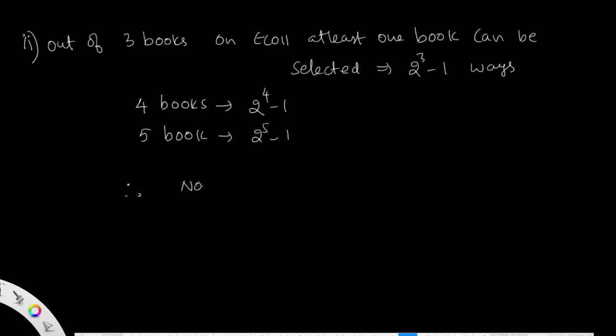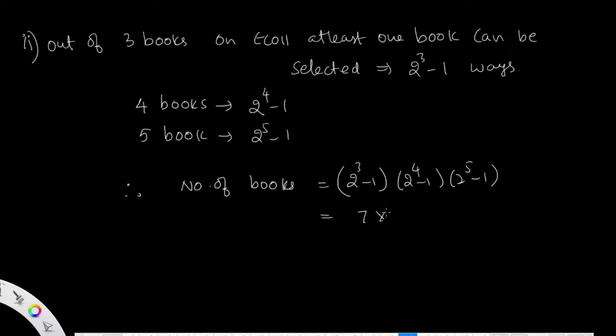Therefore, at least 1 book of each subject can be done in (2 power 3 minus 1) into (2 power 4 minus 1) into (2 power 5 minus 1).